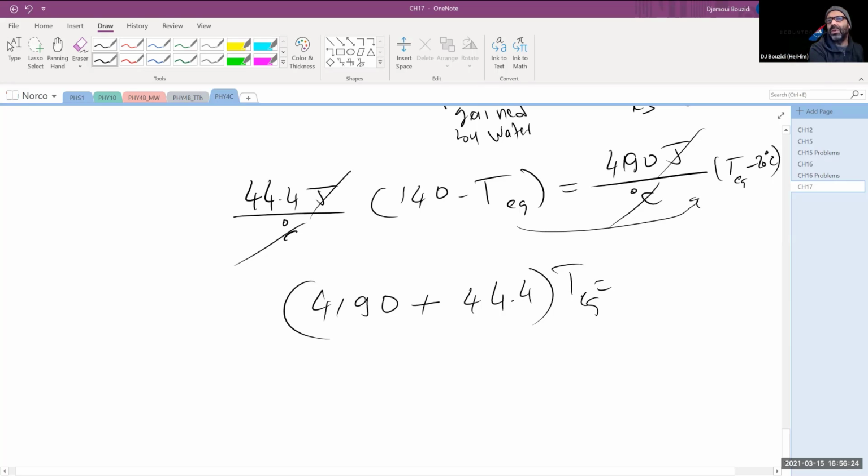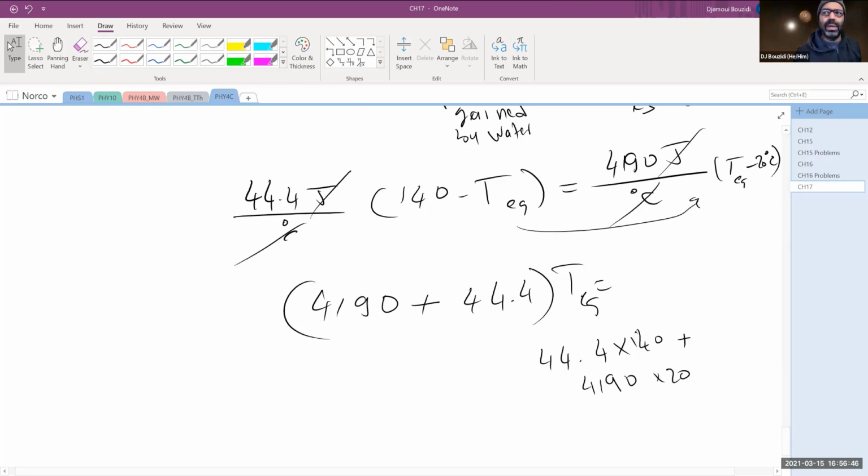Now, if I bring this other side over, it's going to be a plus as well. So it's going to be 44.4 times 140 plus 4,190 times 20. And from here, I'm going to divide the two.